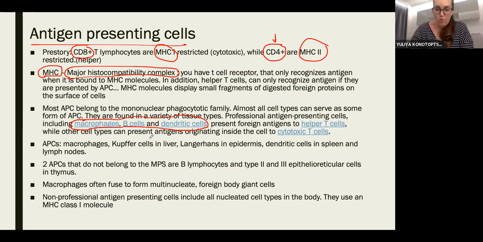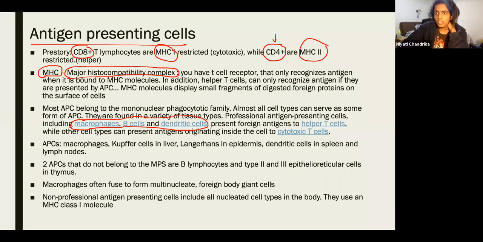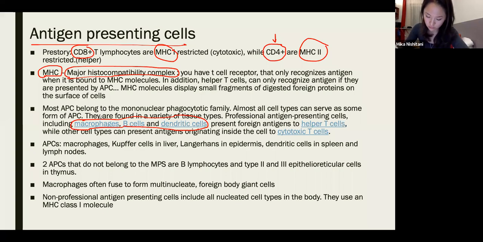They ask you, in order to be considered APC, what should you have? MHC2. So why is macrophage an APC? Because it has MHC2.